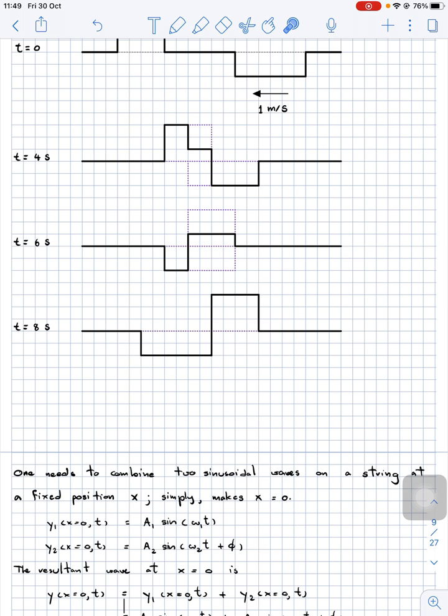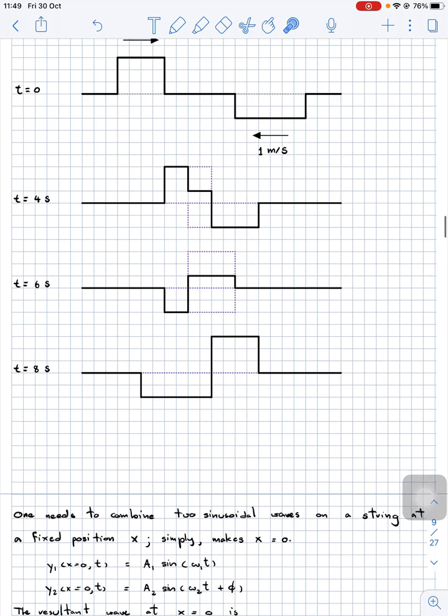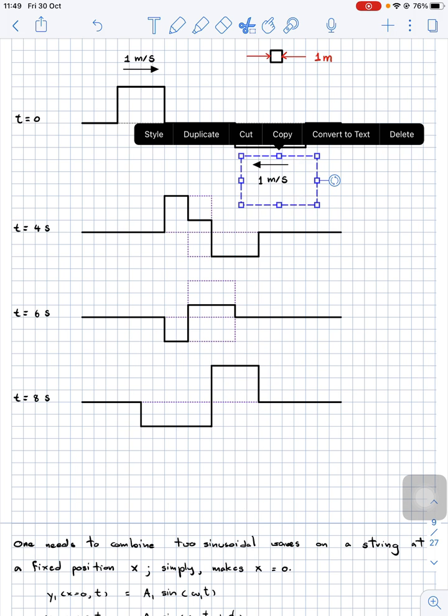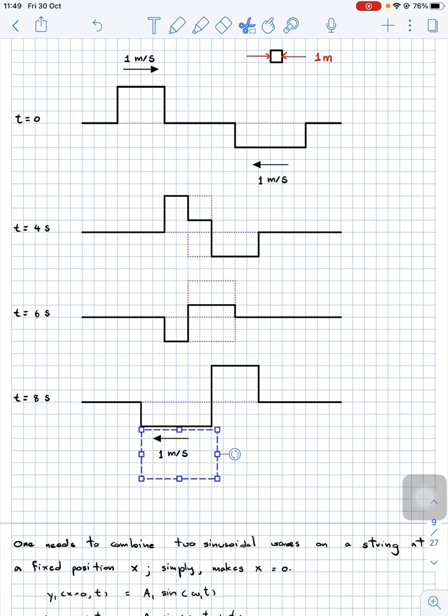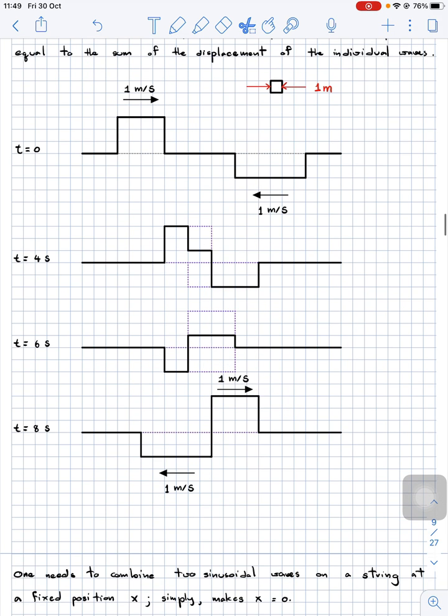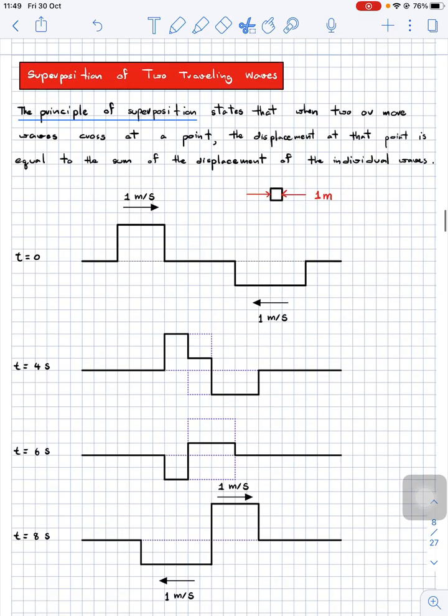And then after that, both waves are going to separate from each other and just travel in their own direction like this. So this one will move in this direction and to something like this.